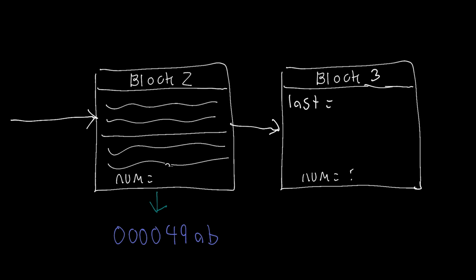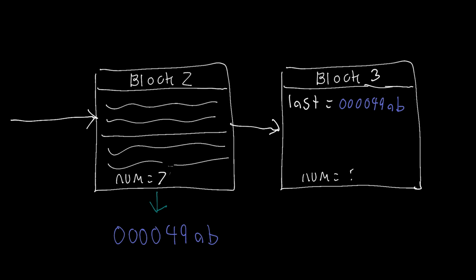To get this hash, we would also have guessed this number, let's just say it's 7, and what we were trying to do was to get a hash that started with 4 zeros, which we've done. So next, we'll write this hash here, 0000049AB. So now in block 3, we know the previous block was block 2, and block 2 would also have this field that would say last is equal to the hash of whatever block 1 is.